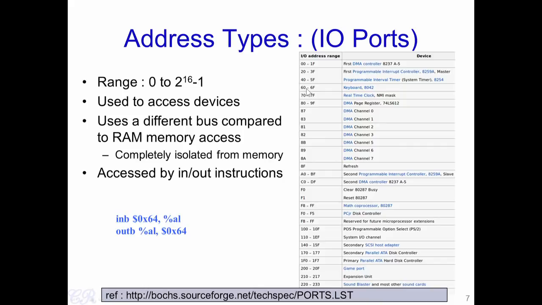So, unlike the previous addressing that we have seen, that is the memory addressing, the I/O addressing could be from 0 to just 2^16 minus 1.